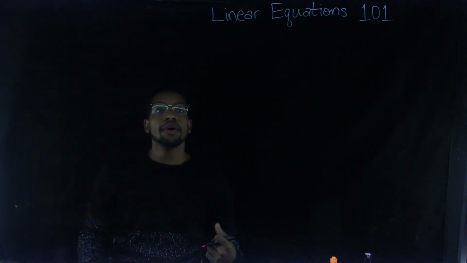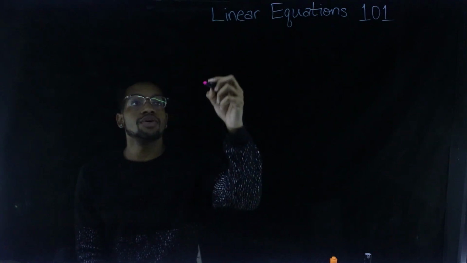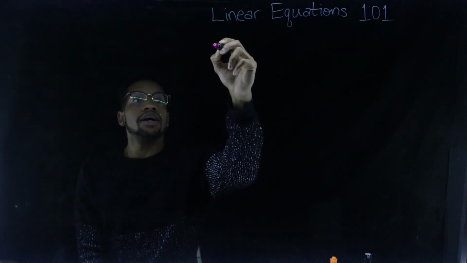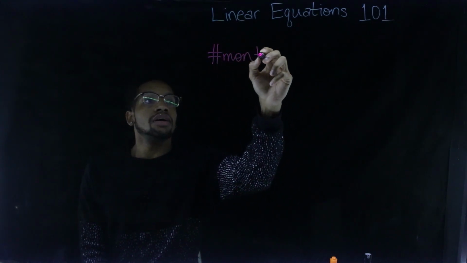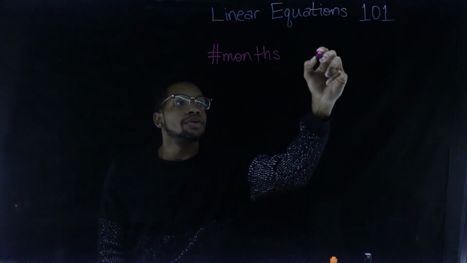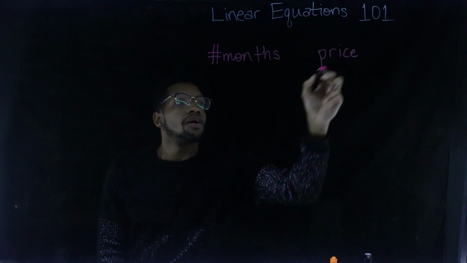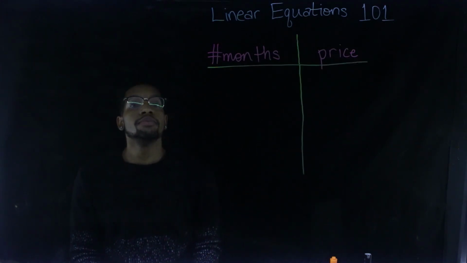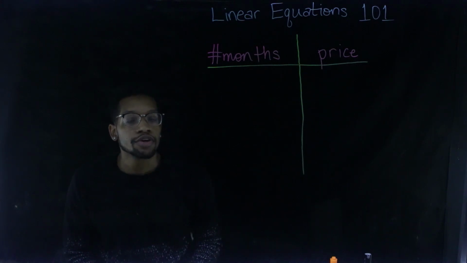One way we can do that is to look at a chart or a table. In one column, we can put the number of months or how long it's been. Then we look at the total price, or how much money we've really spent depending on how long it's been. Day one, before you even start considering PlayStation Plus, we have to buy the game in the first place, right?